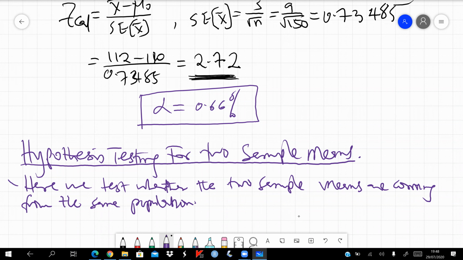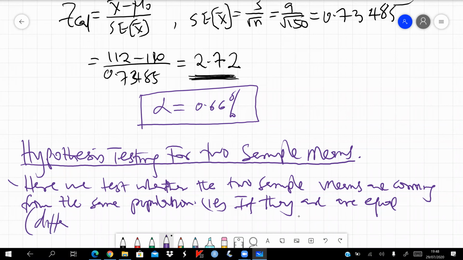We test whether the two sample means are coming from the same population. That is, if they are equal, and the converse is if they are different. They are equal or different.